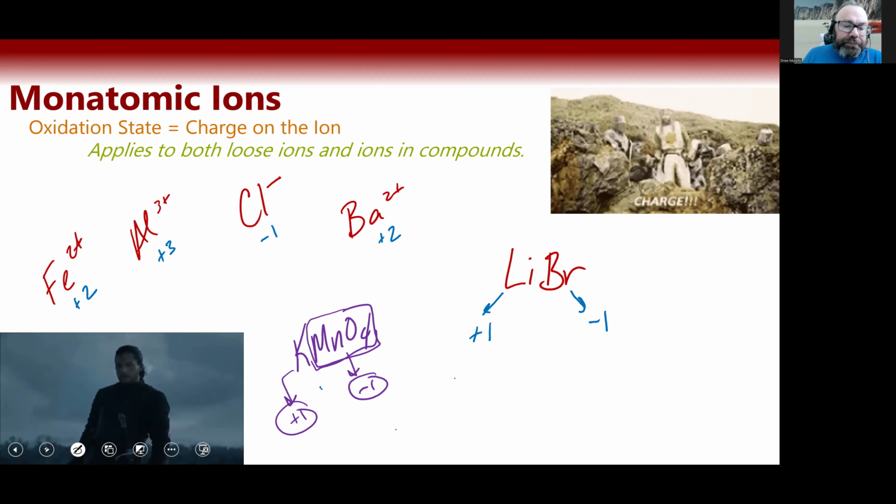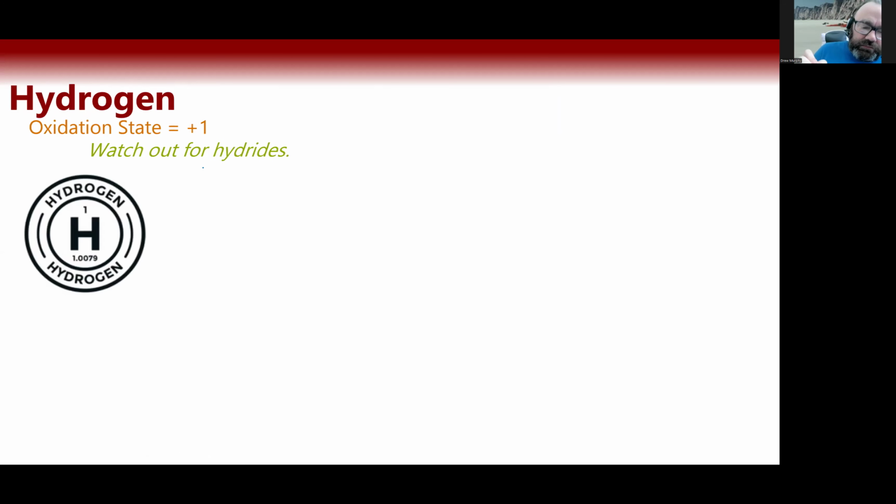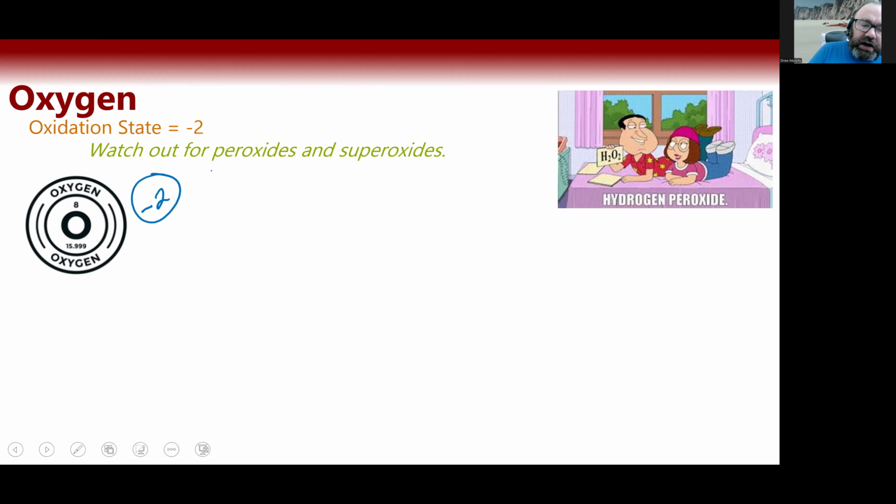Okay. Now, the rest of these rules are kind of element specific. So with oxygen, we're going to assume that oxygen is always -2. There are some cases when it's not, and that's looking out for peroxides and superoxides. These are on the polyatomic ion sheet. Peroxide is O2 2 minus, and superoxide is O2 minus. Which means that the peroxide has an oxidation state of -1, and the superoxide is -0.5.